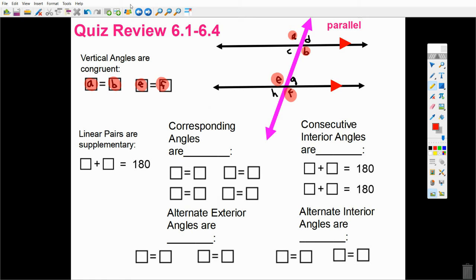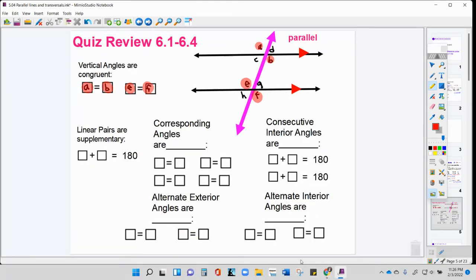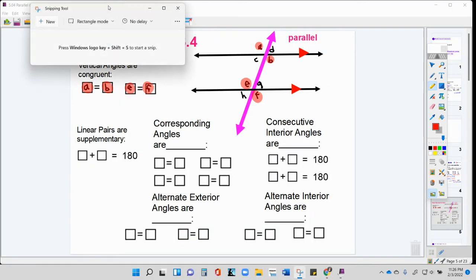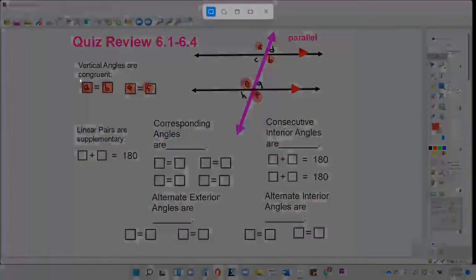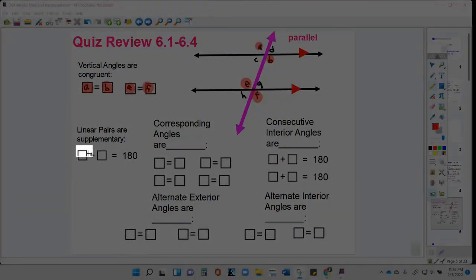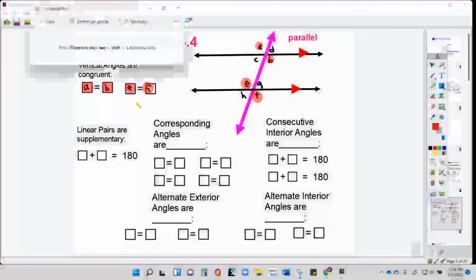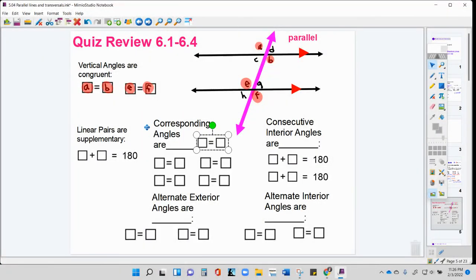I'm going to go ahead and copy and paste. I need two more of these because there's two more vertical angles in the picture.